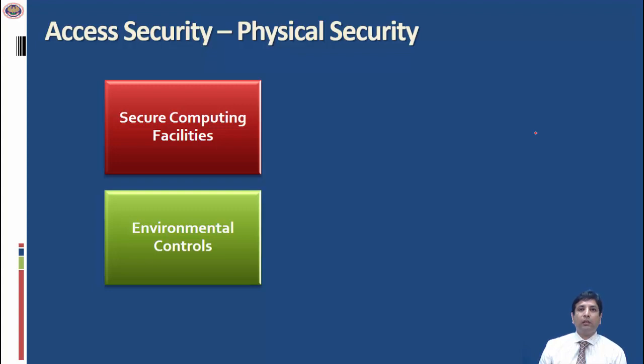Under physical security, there are several other controls which are environmental controls, because computing facilities are sensitive to environmental hazards like fire, water, humidity, etc. It is very critical to protect the systems from damage because of these hazards.